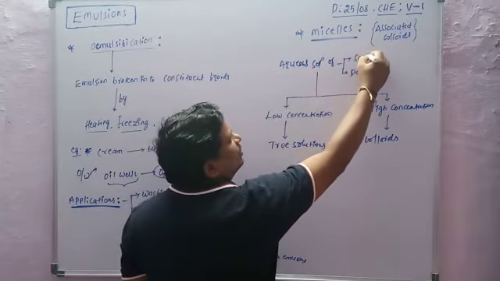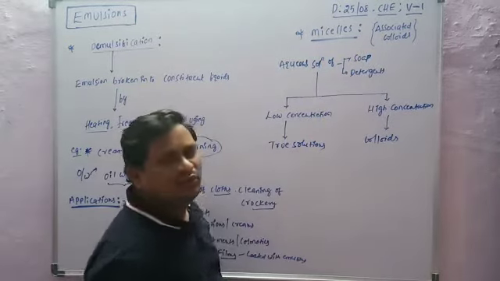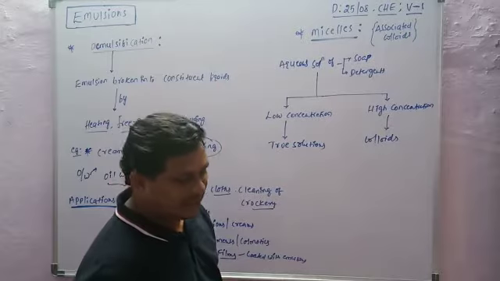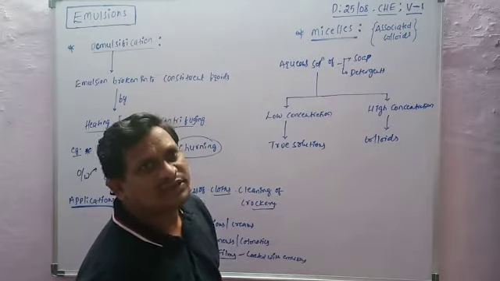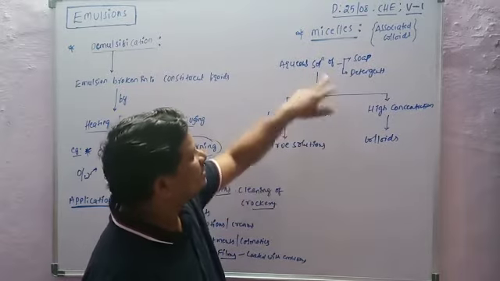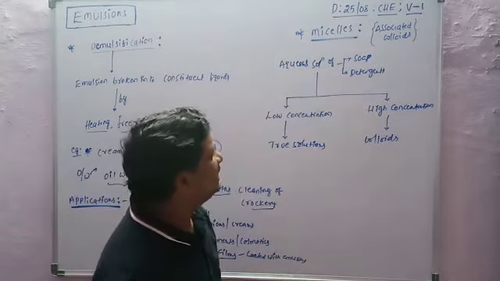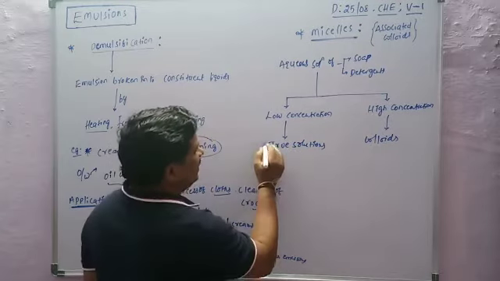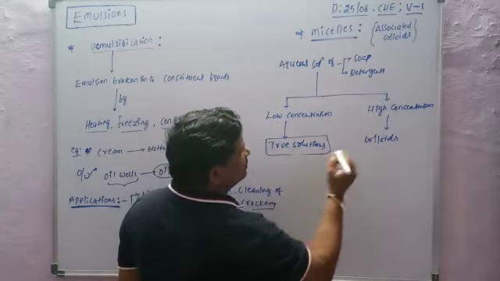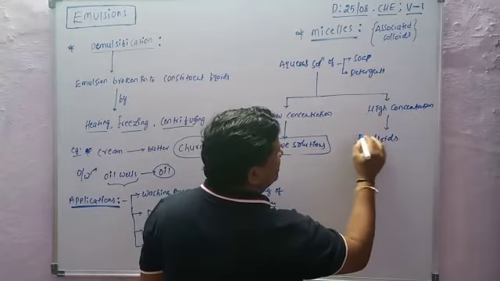Soap is the sodium or potassium salt of fatty acid, simply sodium stearate. So aqueous solutions of soap or detergents at low concentration are considered as true solutions. At high concentration, these are considered as colloids.